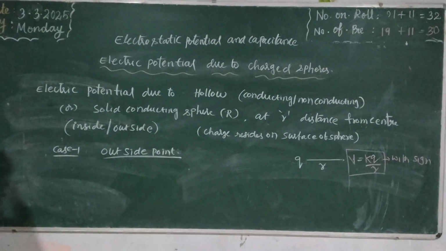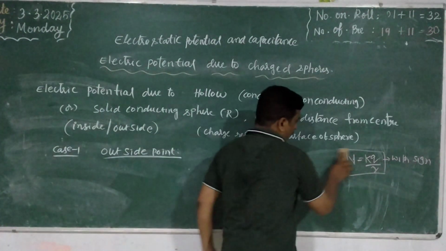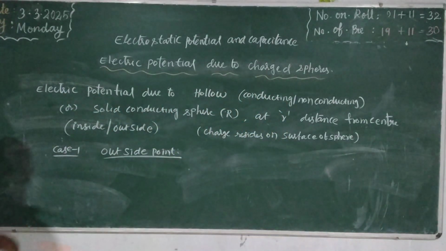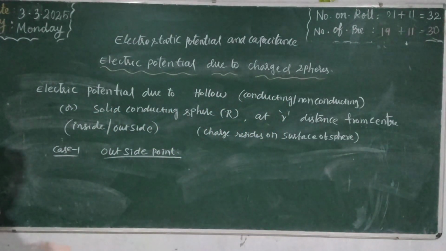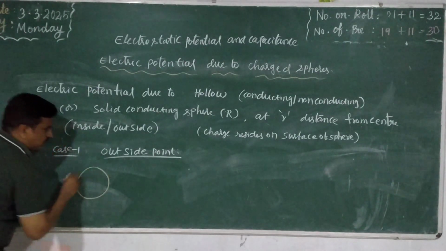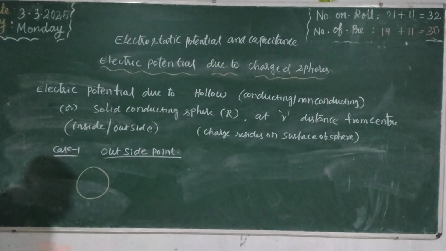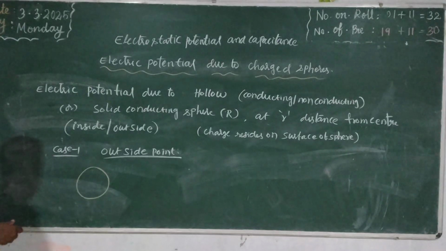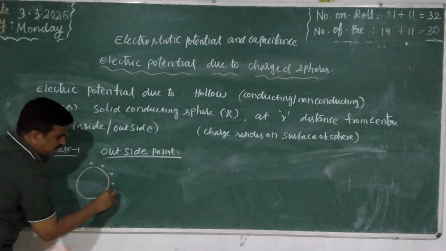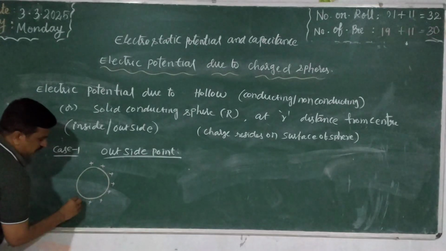Now we discuss the outside point of the hollow conducting, non-conducting or solid conducting sphere. For example, here is the sphere, and the charge resides on the outside surface of the sphere.